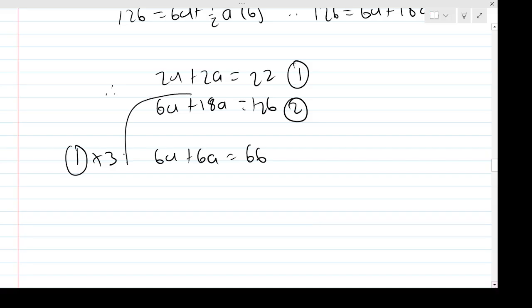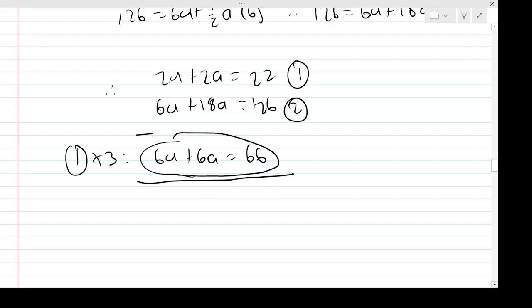Now, hopefully you notice what I can do here is I can take these two equations away. So if I take the second equation from this bottom one here, 6u take away 6u is 0, 18a take away 6a is 12a, which is 126 take away 66, which is 60, okay?